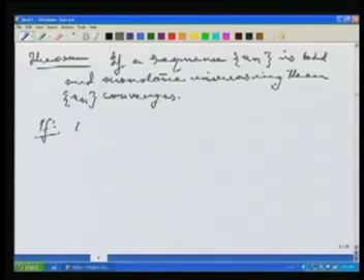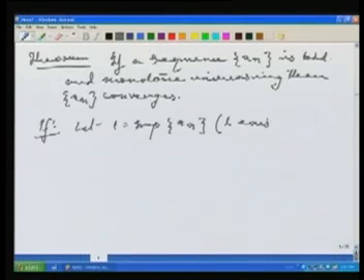So, let us just try to write it down formally. Let L be the supremum of xn. In the bracket I will write L exists as xn is given to be bounded.